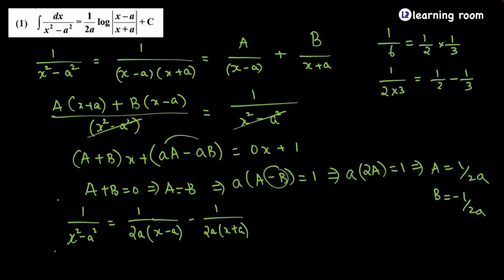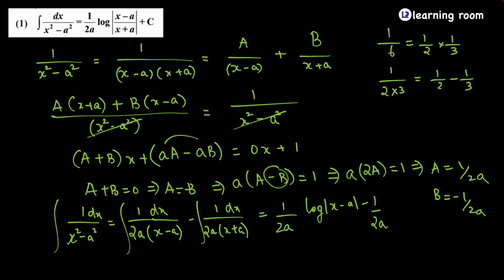So what we need to find, the integral of this is the same as integral of this plus, sorry, minus the integral of this. So what do you have here? You have 1 by 2a. So 1 by 2a will come out. What is that you have? Log of mod x minus a minus 1 by 2a into log of mod x plus a.